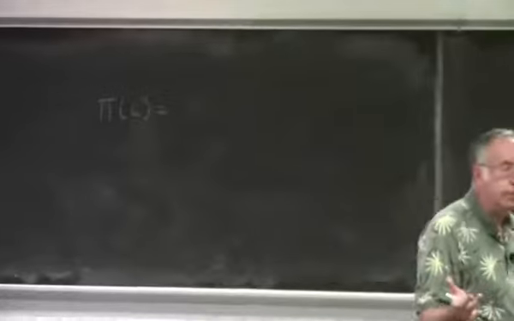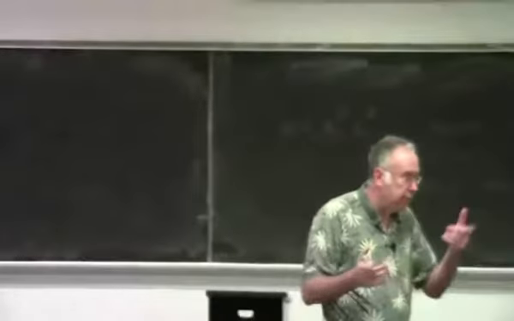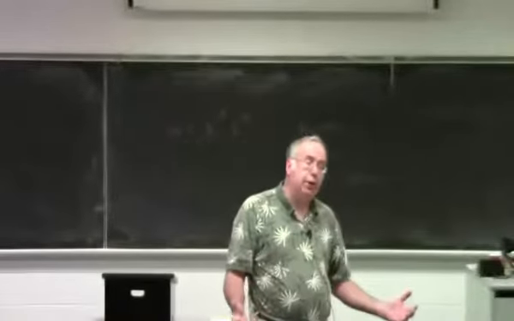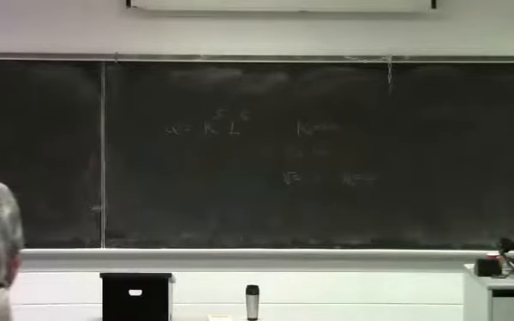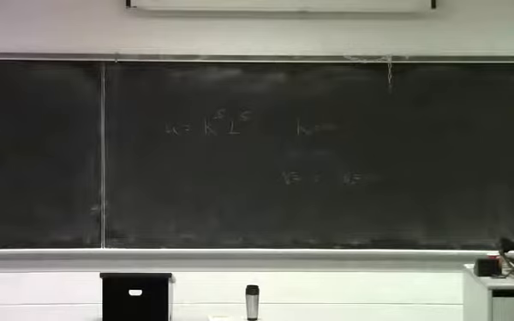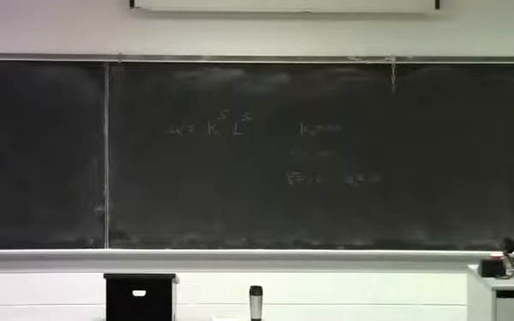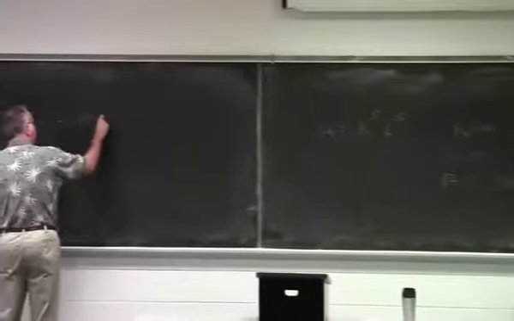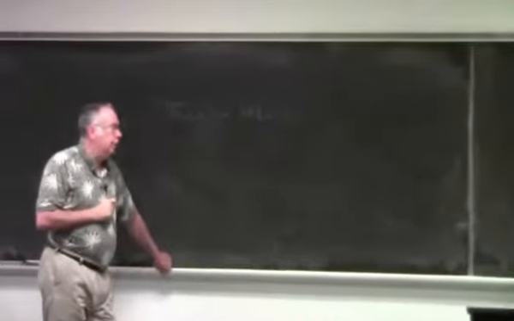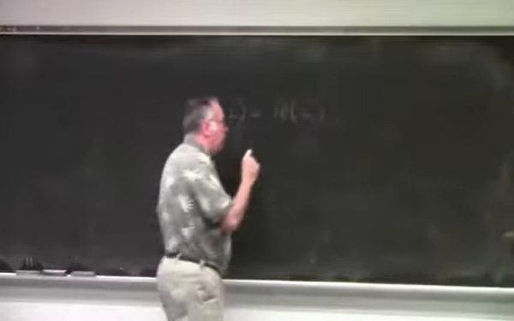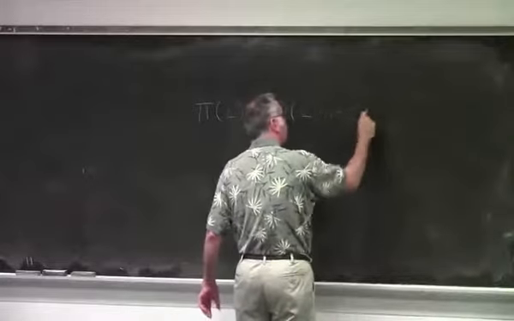Profit is revenue minus cost. So let's see if we can do this. What is revenue? And here we want revenue expressed not as a function of output, but as a function of labor. And we want cost expressed as a function of labor too.